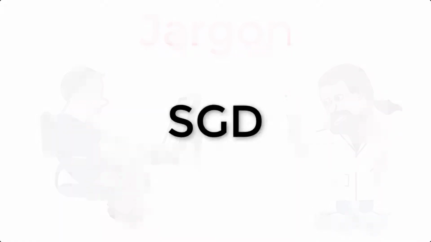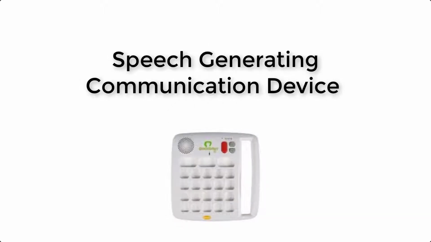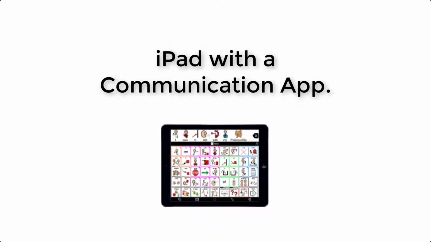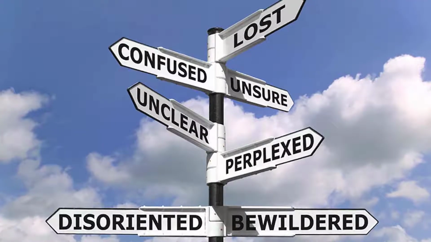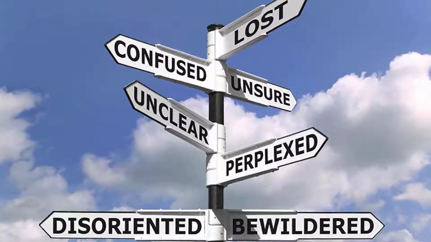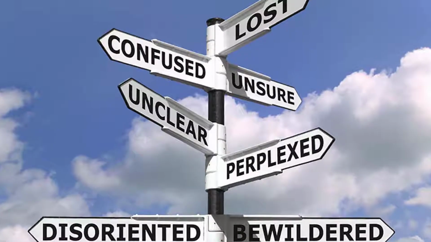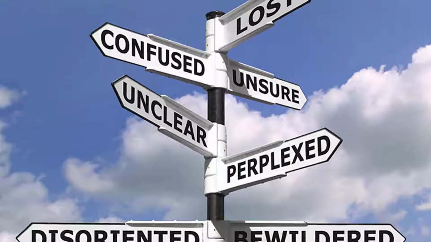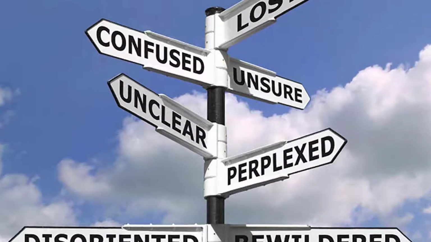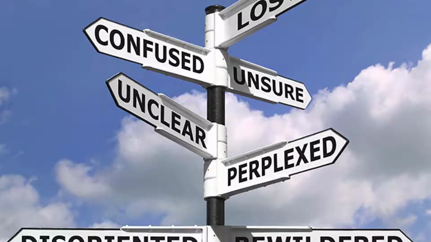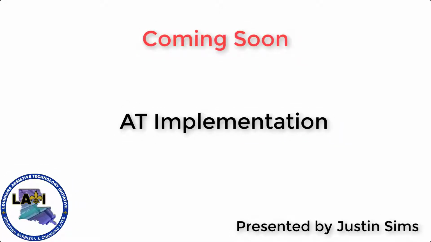For example, SGD, a speech generation device, could be labeled as a speech generating communication device, or more specifically, iPad with a communication app. Also, it should be clear why a device is used and connected to IEP goals and objectives. It should be clear when a device should be used and how it needs to be used in each environment of that student.